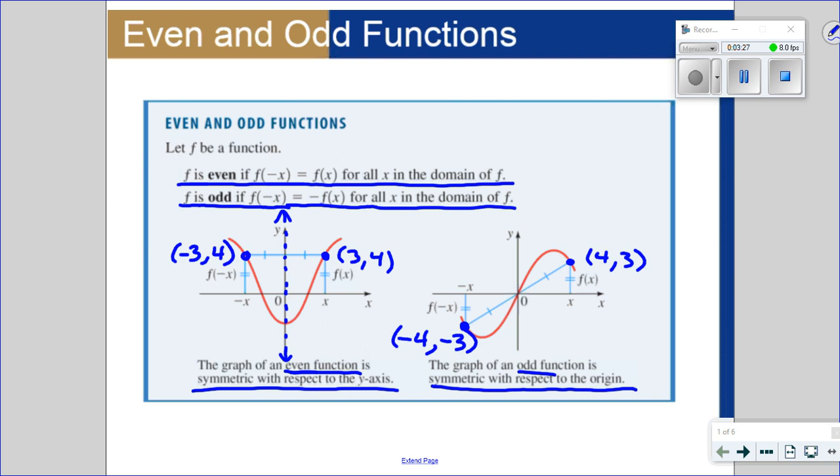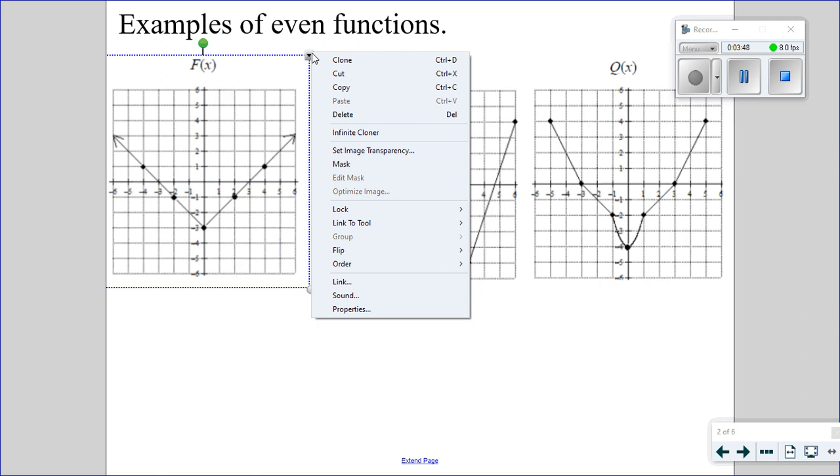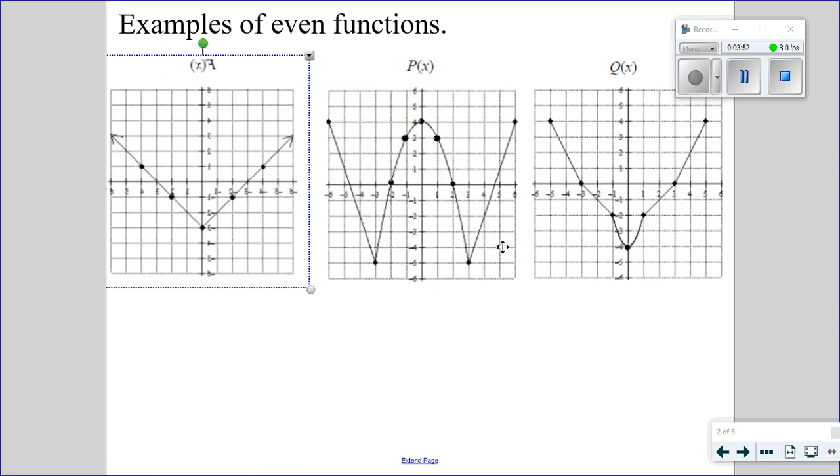Let me show you some more graphs so that you'll hopefully understand this. So these are all examples of even functions. And I just want to show you that all of these graphs are symmetric with respect to the y-axis. Because if we flip the graph horizontally or over the y-axis, it will look the same.